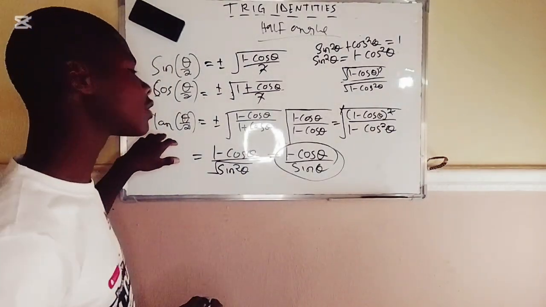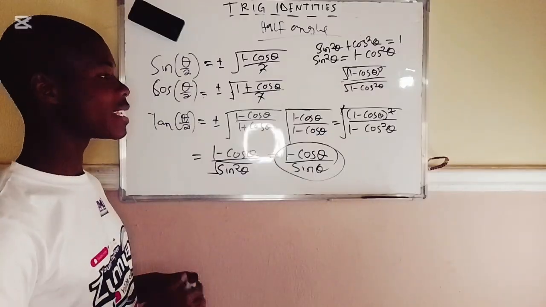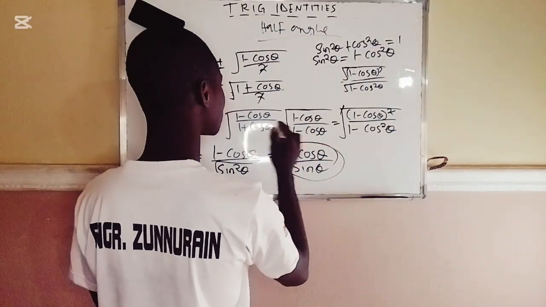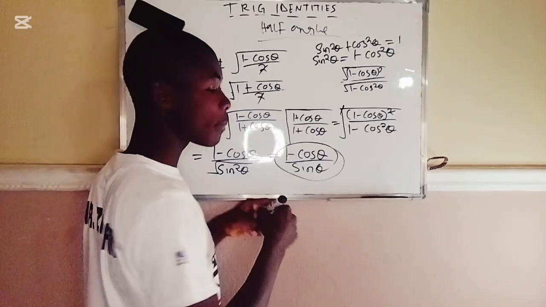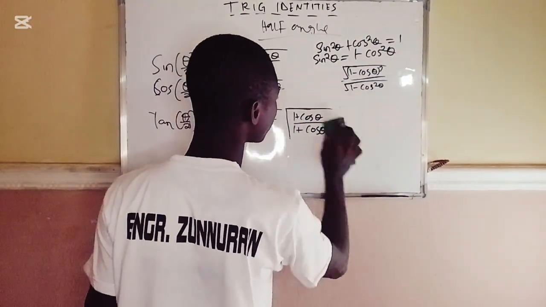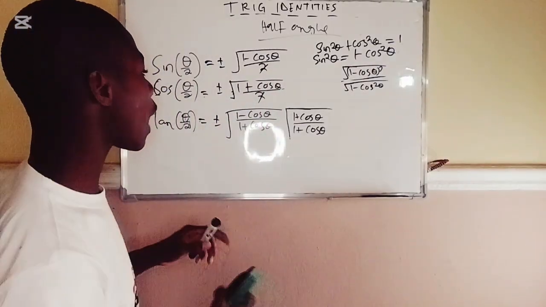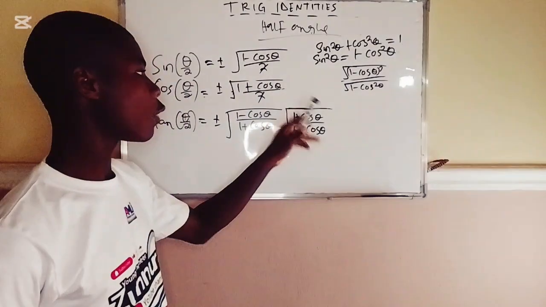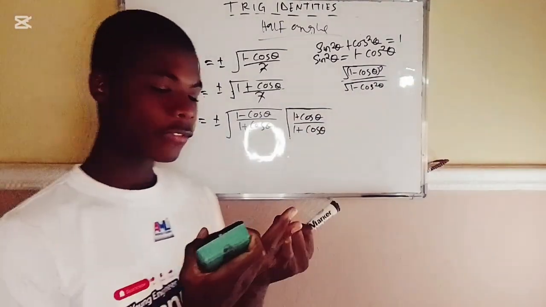So this is the first formula that you can use in half angles under tan. There is another way: you can multiply it by 1 plus cos theta. You can use whatever you want. If you multiply by 1 plus cos theta or 1 minus cos theta, it will give you two formulas.